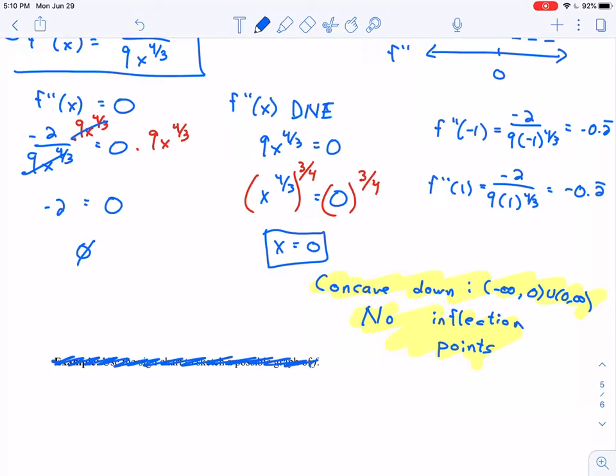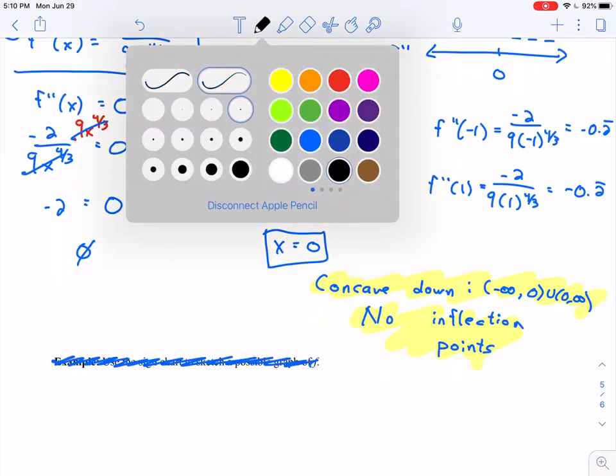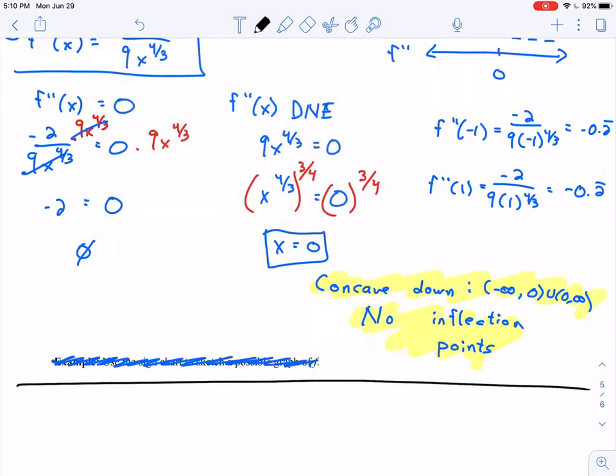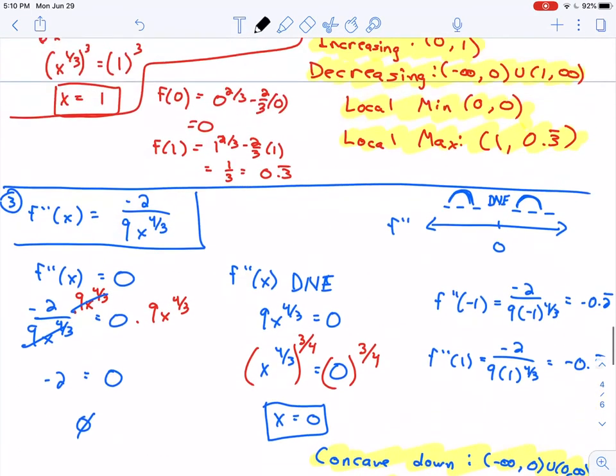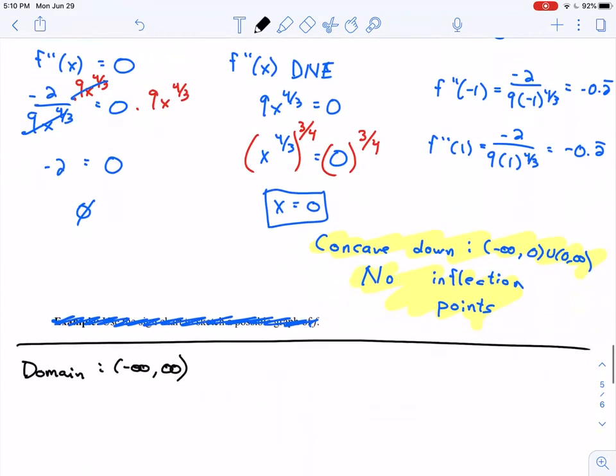So let's summarize everything that we've talked about here, because we found out a lot of information. We need to talk about our domain. We said the domain was -infinity to +infinity. We said our function is increasing on 0 to 1.